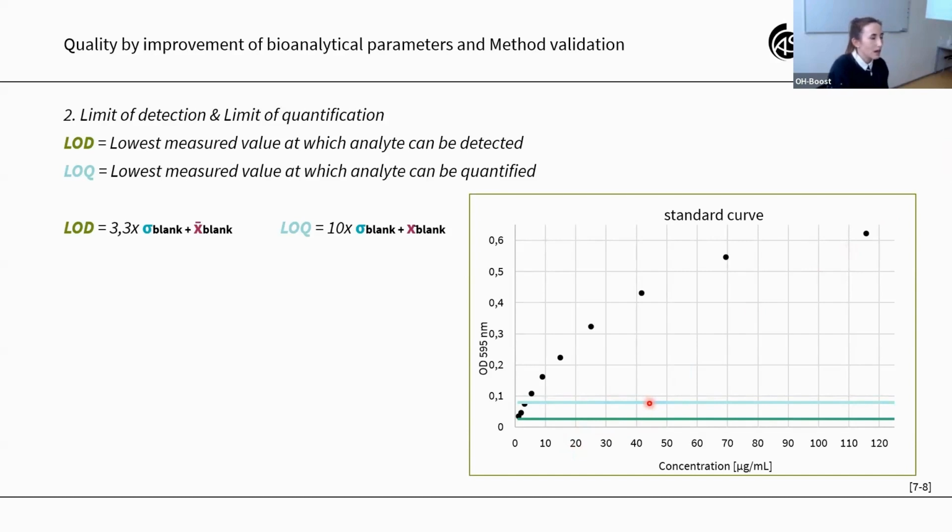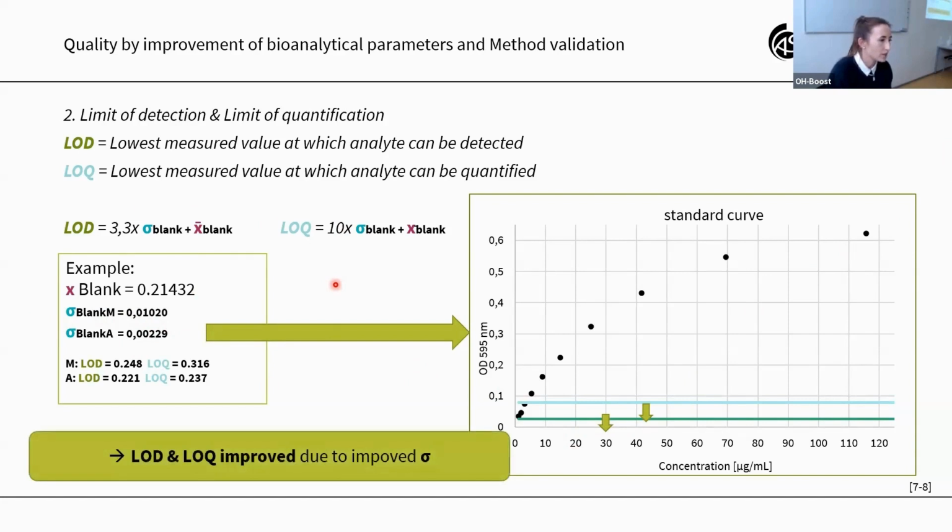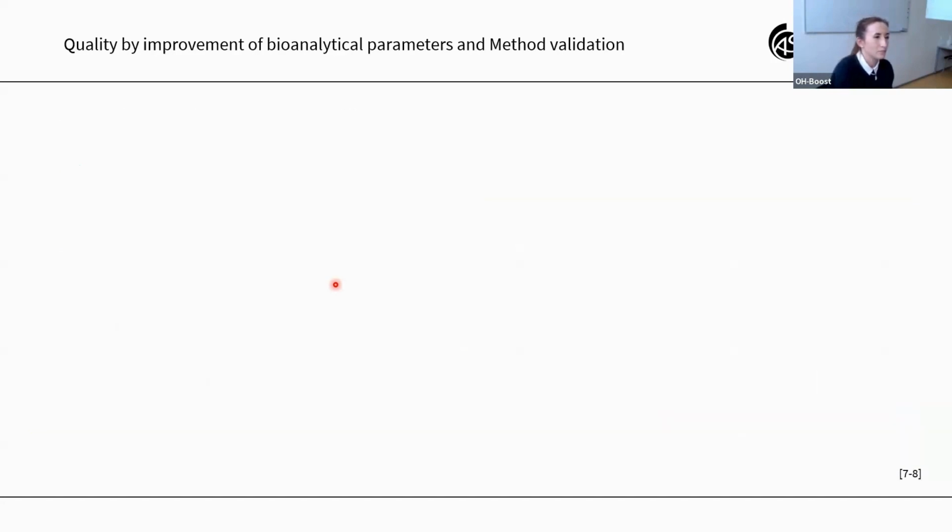So when we automate, what happens? We learned from the slide before that we can lower our standard deviation. That means when we calculate the LOD and LOQ, we come to a lower value. So we can improve LOD and LOQ due to improvement of the standard deviation. So what does that mean?